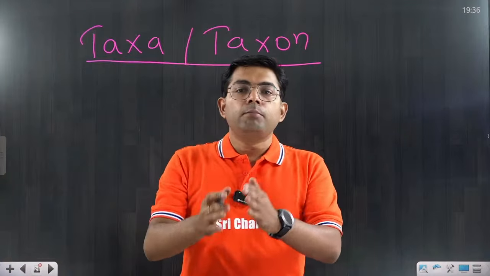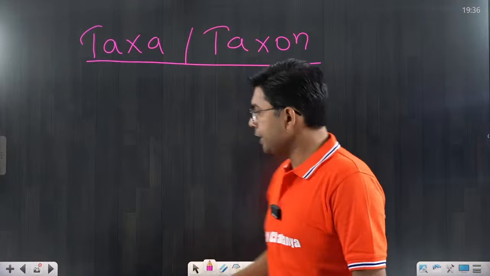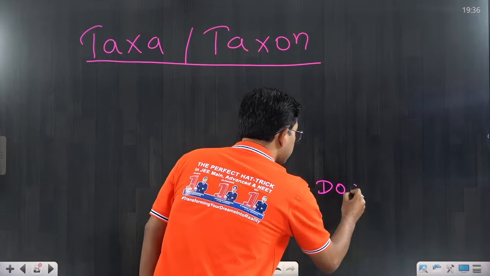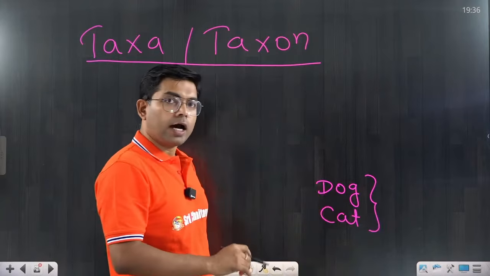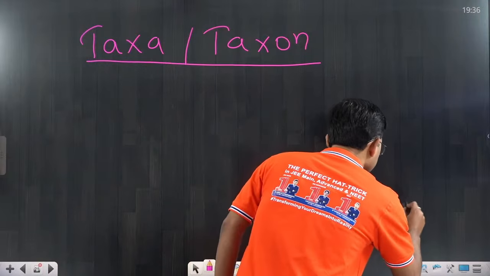Remember, we have talked about the vertical similarities, and there I said that, let's say, what is the similarity between dog and cat? You will say both are different species, but they both are carnivores.